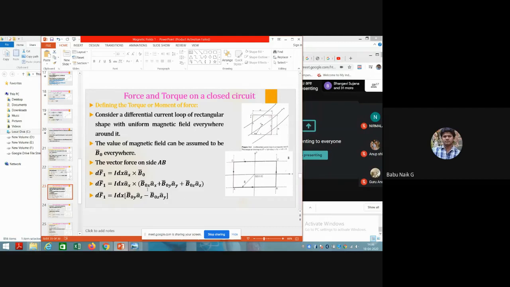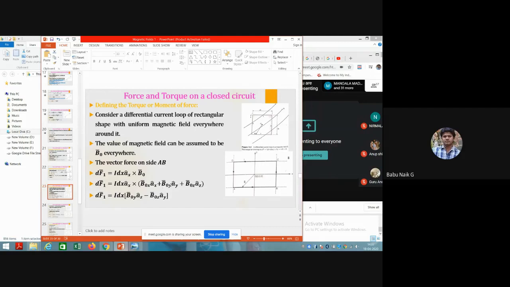At the center of the origin, I am going to call AB's force dF1, equal to I dx a cap x cross B bar naught, which has components in the Cartesian coordinate system along the x-axis, y-axis, and z-axis. The magnetic field is produced here in x, y, and z.